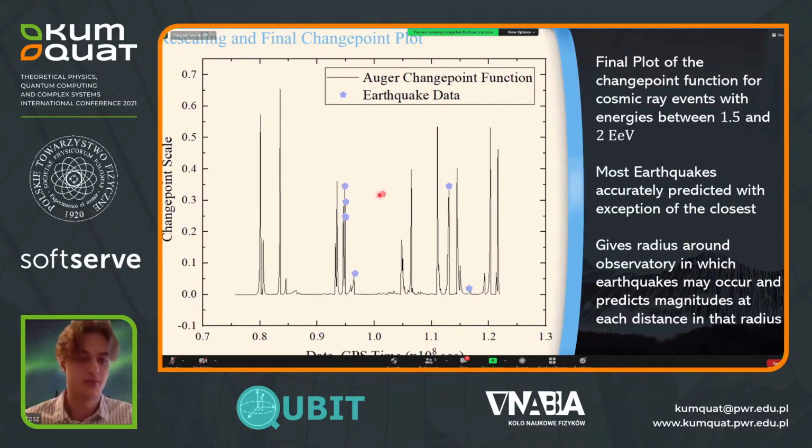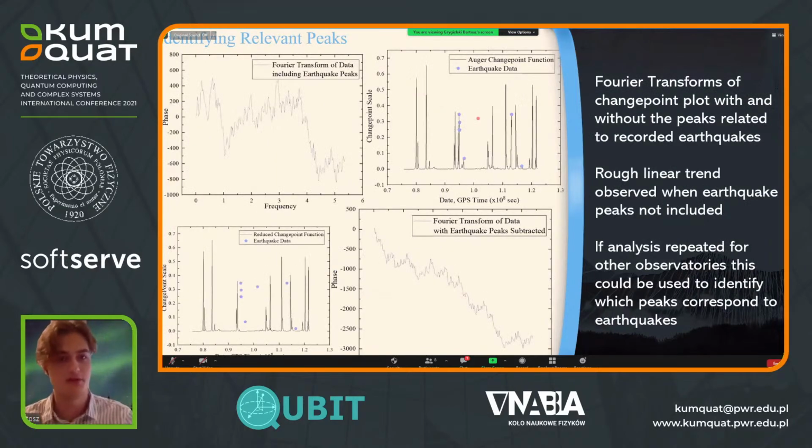There is one point that wasn't clear, but the others fit perfectly. So that was a really good sign that it could actually be working. Obviously, we have to remember that correlation doesn't mean causation. So obviously more research is needed, but we are happy with the results.